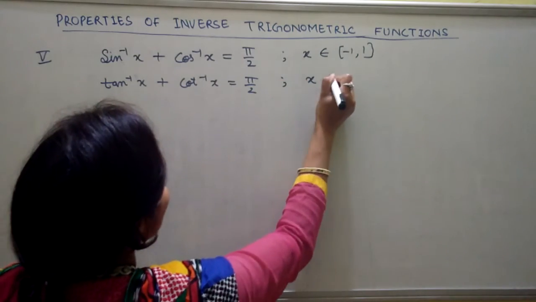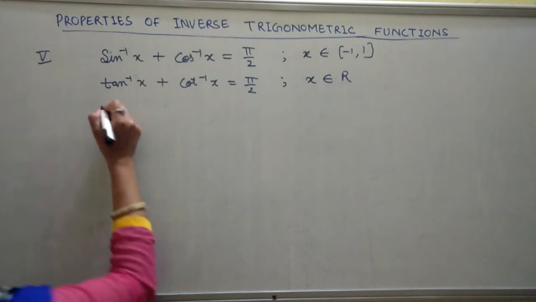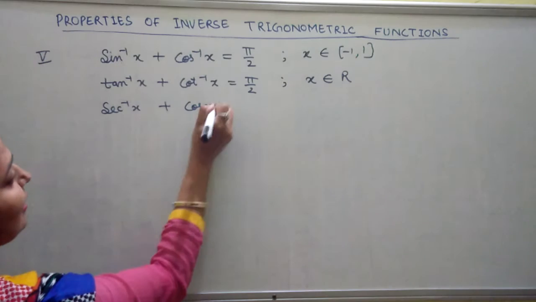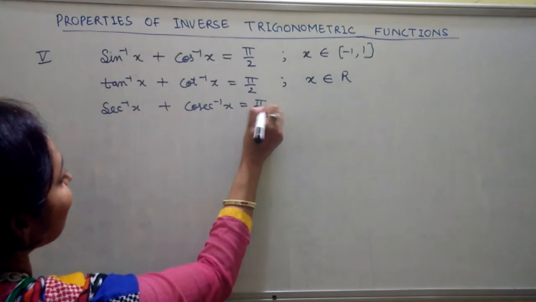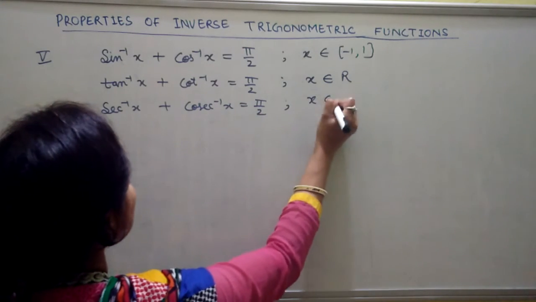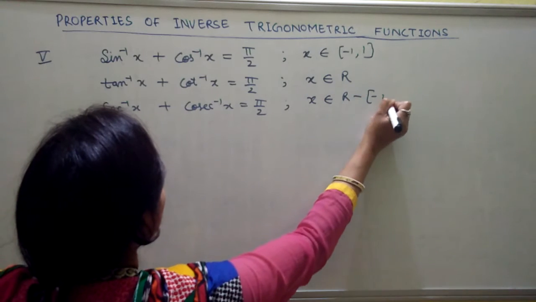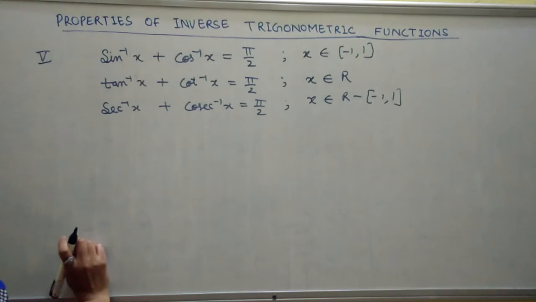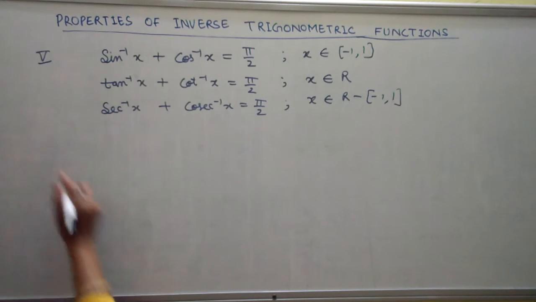Again we have x belongs to the set of all real numbers. Secant inverse x plus cosecant inverse x is equal to pi by 2, and the condition is x belongs to the set of all real numbers except minus 1 to 1. So this is the fifth property.